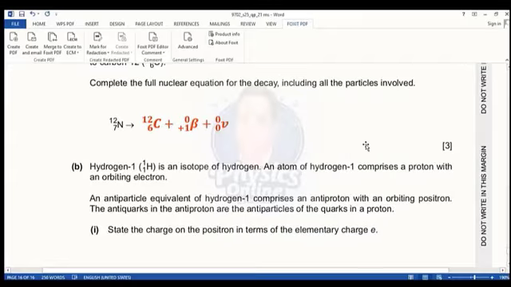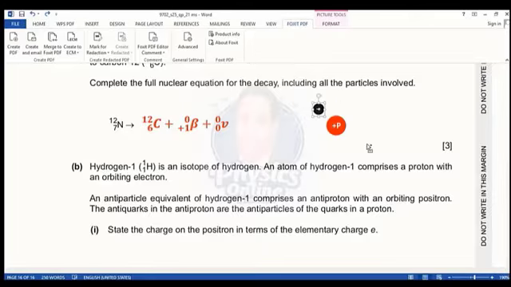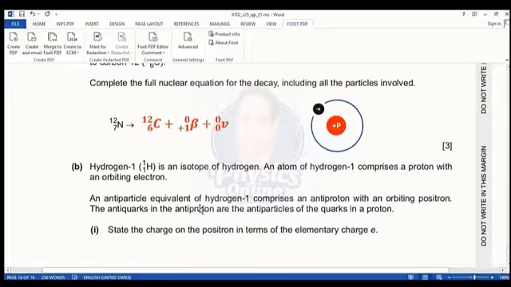B. Hydrogen-1 is an isotope of hydrogen. An atom of hydrogen-1 comprises a proton with an orbiting electron. If we draw it, we have a proton and an electron orbiting the proton. An antiparticle equivalent of hydrogen-1 comprises an antiproton.